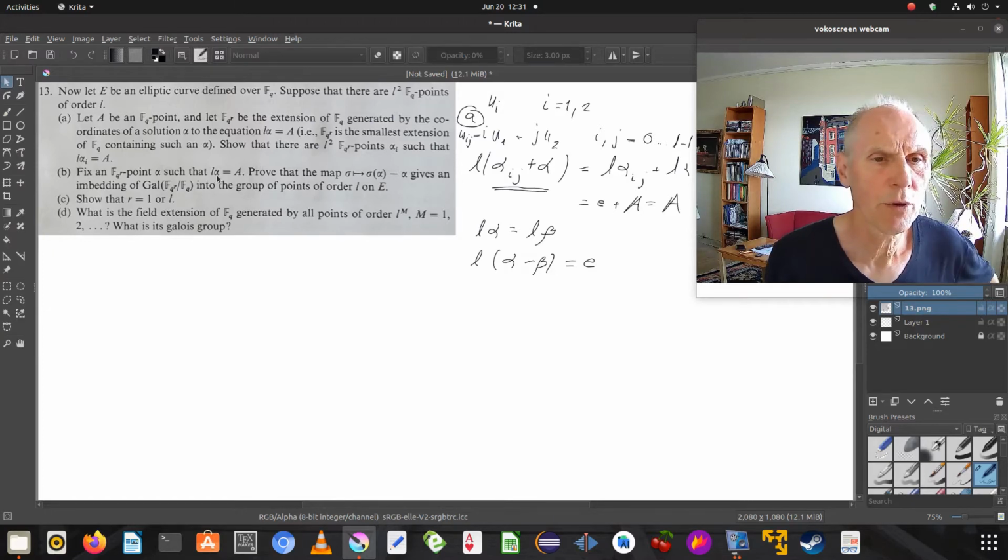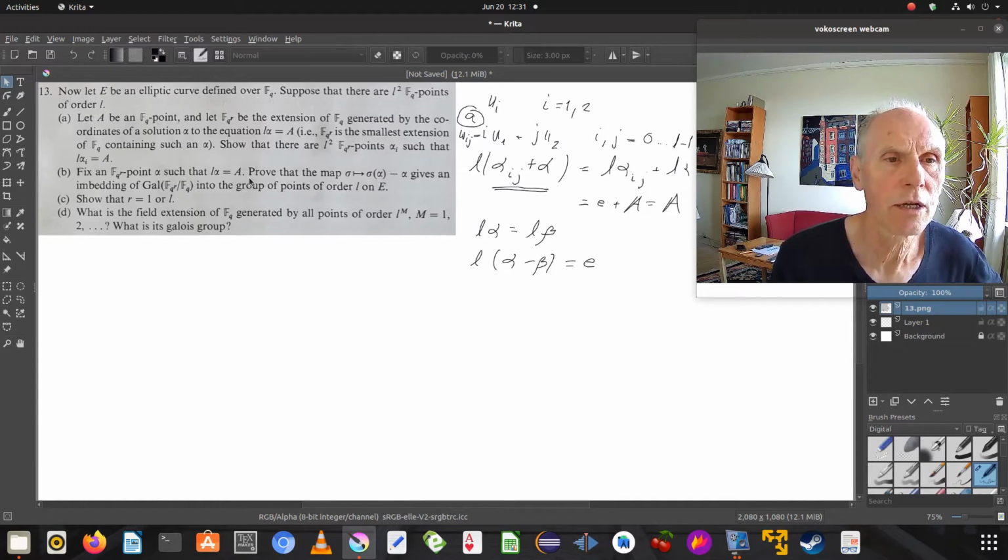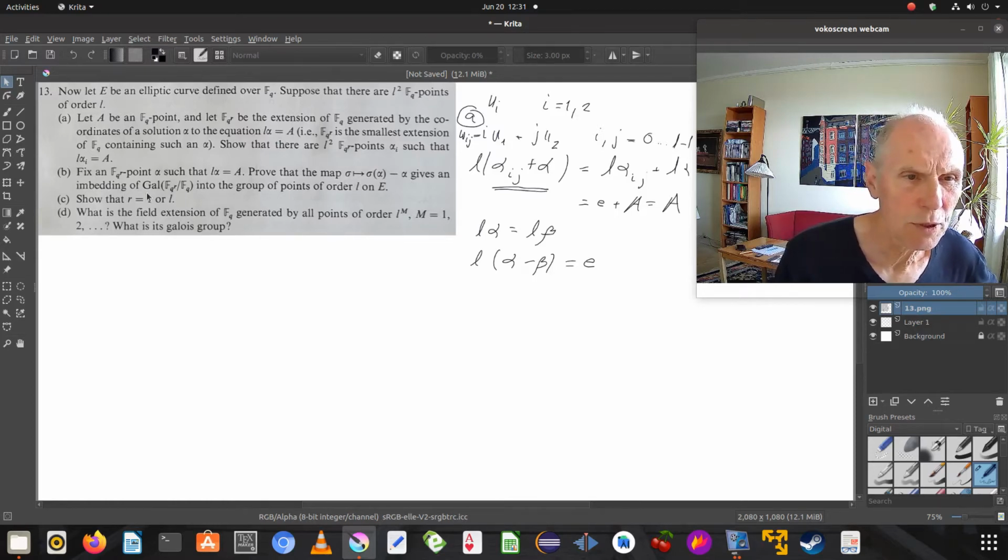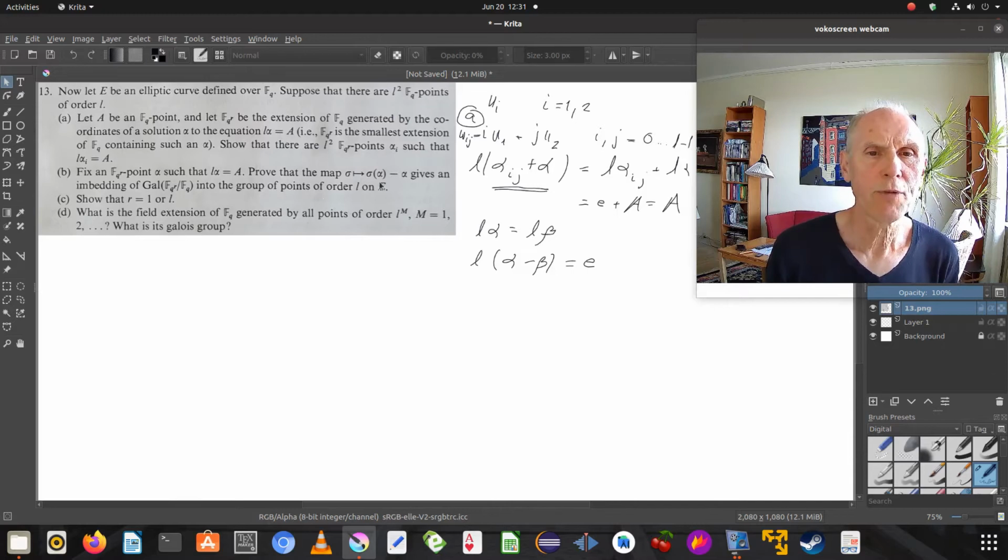B. Now we have a point that maps to A, and A is an FQ point. Prove that the map gives an embedding into the group. Embedding into which group? Into the points of order L. So obviously these have order L, or do they not?